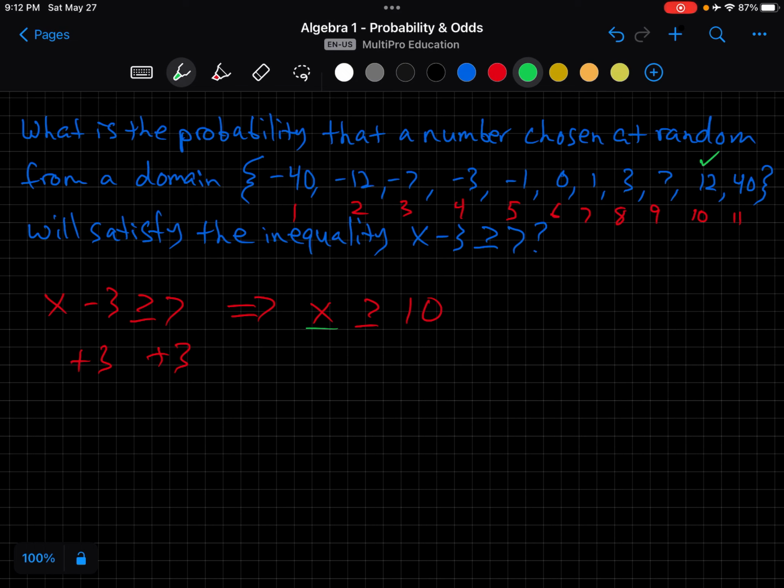And 40 is also. So the probability of x greater than or equal to 10 is 2 out of 11 numbers. Or we can write this as 2 to 11.